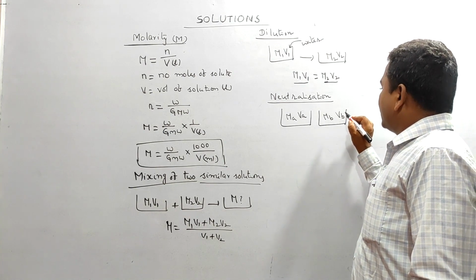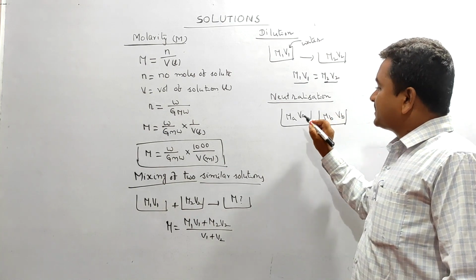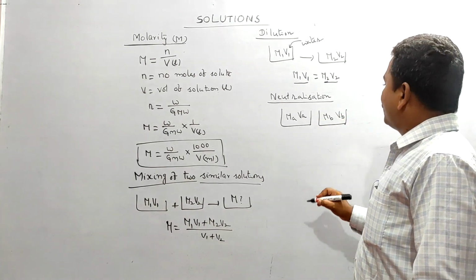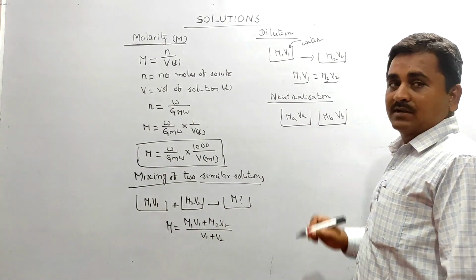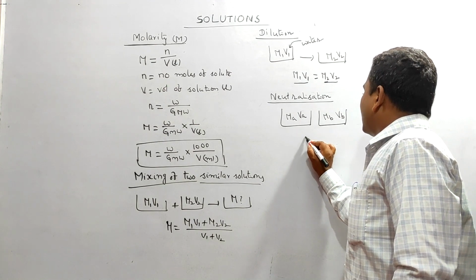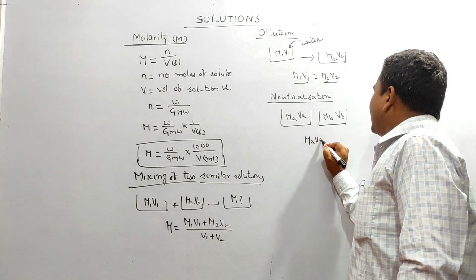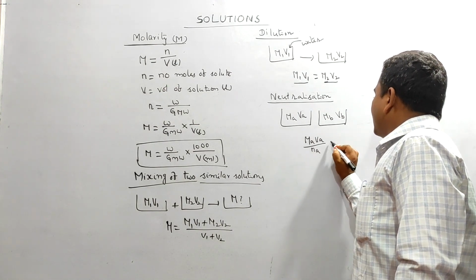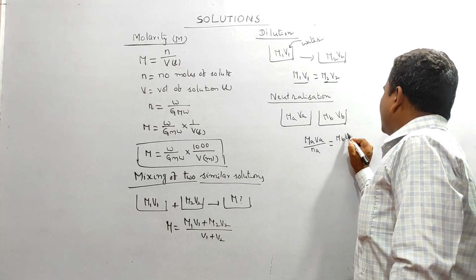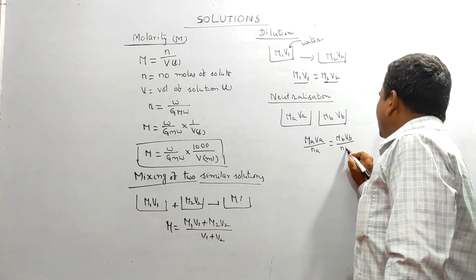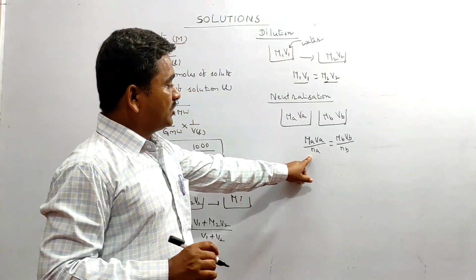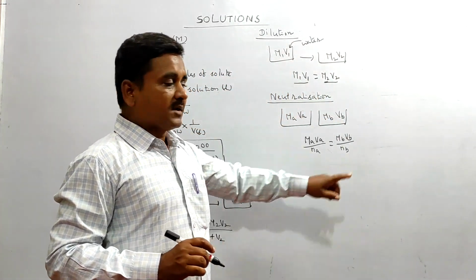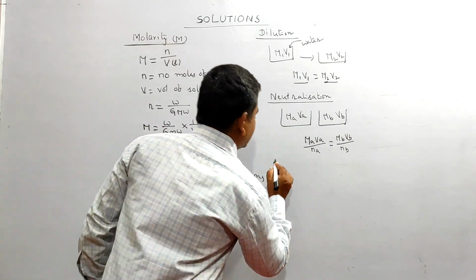To find how much volume is required for neutralization of this acid, or to find how much molarity of acid required to neutralize this solution, we can use the formula NaVa by Na is equal to MbVb by Nb. Here Na is number of moles of acid, Nb is number of moles of base.